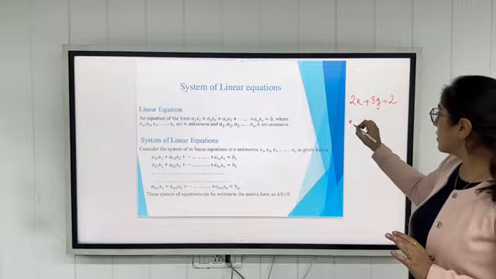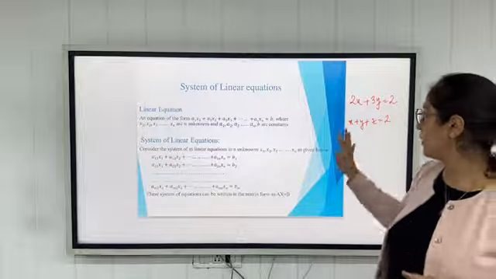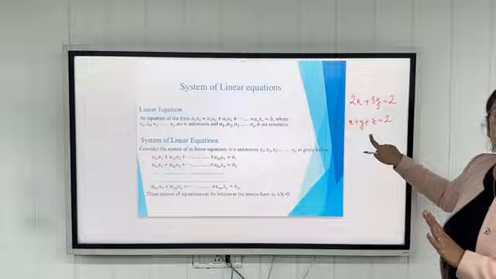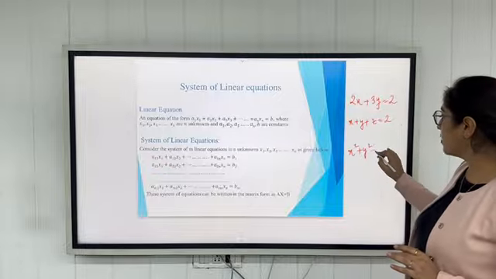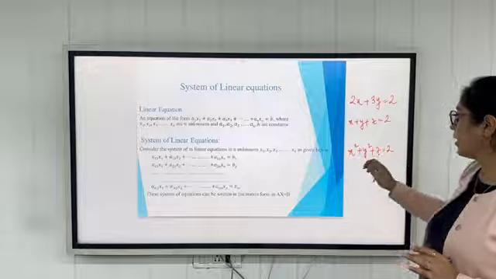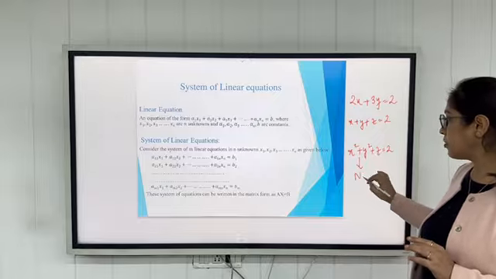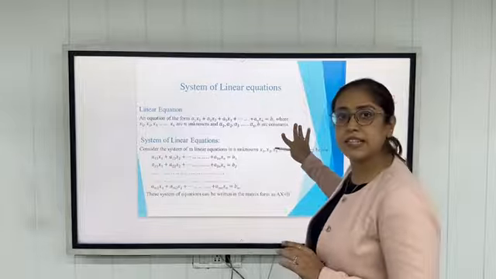If I write x plus y plus z is equal to 2, here there are 3 variables and the degree of each variable is 1. Again this is a linear equation. Suppose I write x square plus y square plus z is equal to 2, here the degree of x and y is 2, so this is not a linear equation. I hope this definition is clear to everyone.